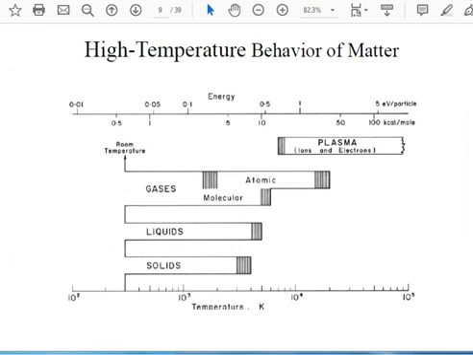Plasma is composed of ionized cations and electrons and some other particles. So at the beginning of this class, I will go through this part and let you know what plasma is.